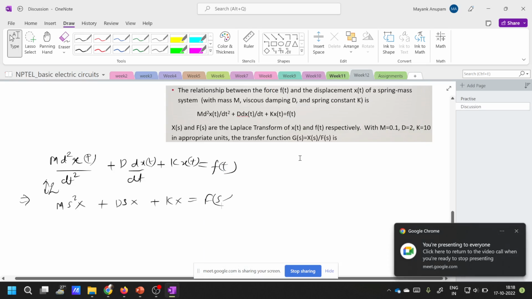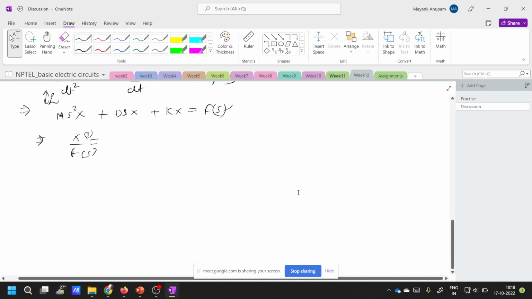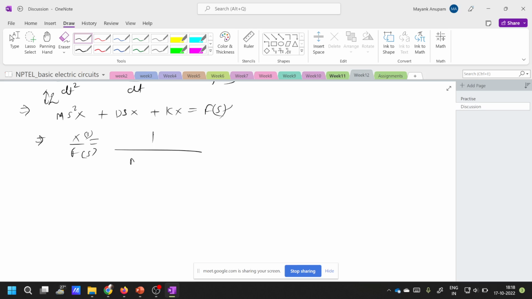Yeah. So this is the force equation in Laplace domain, right? Now from here it is very easy to get the transfer function, which is X by F. From here, X of s divided by F of s is simply 1 divided by m s square plus d s plus k, right?